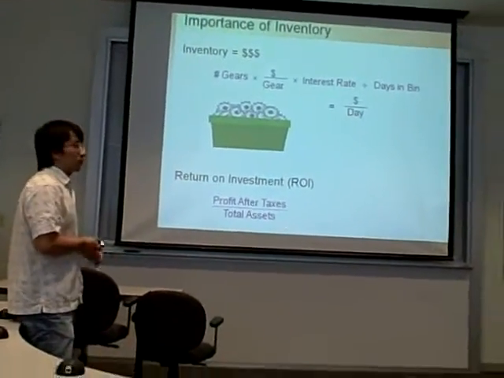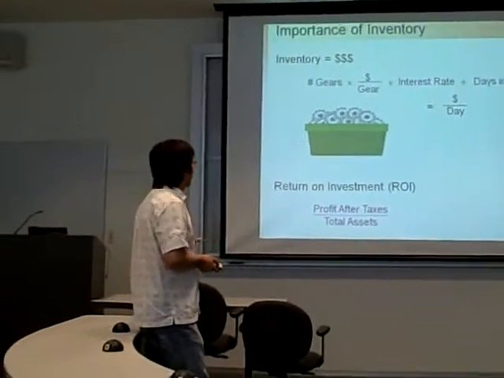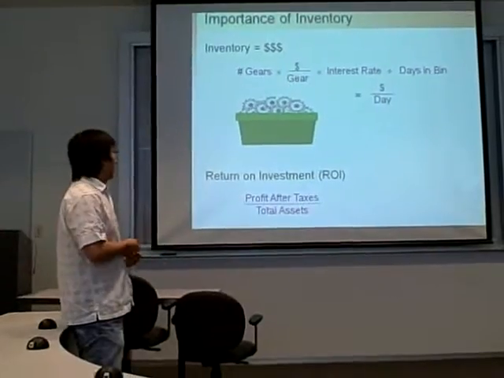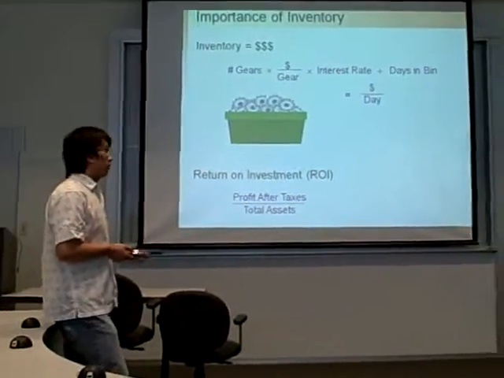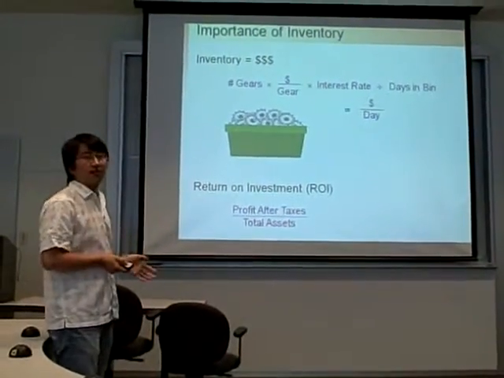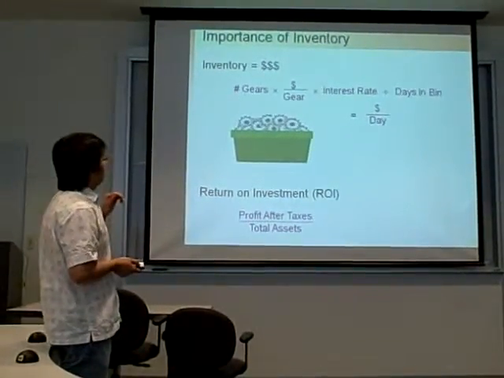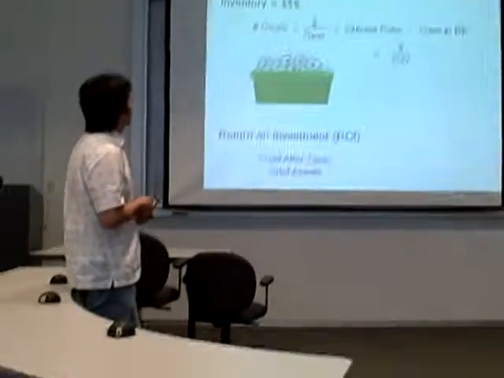And the total assets will be lower because total assets include the inventory. If inventory is less value, then total assets will be lower. So this ratio will be higher, and that's what the investor wants. That's why inventory is important.